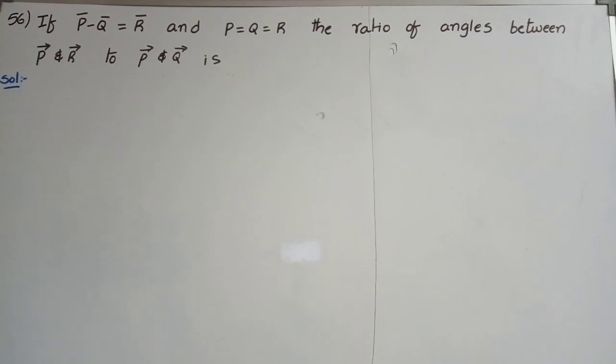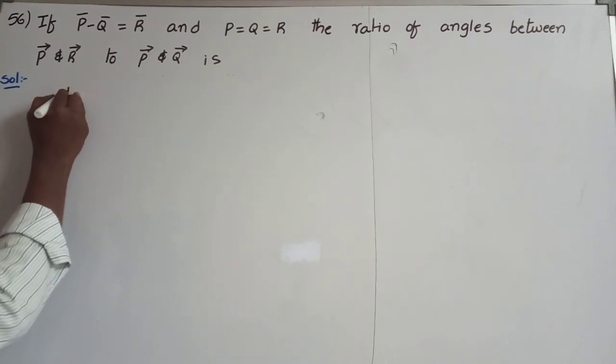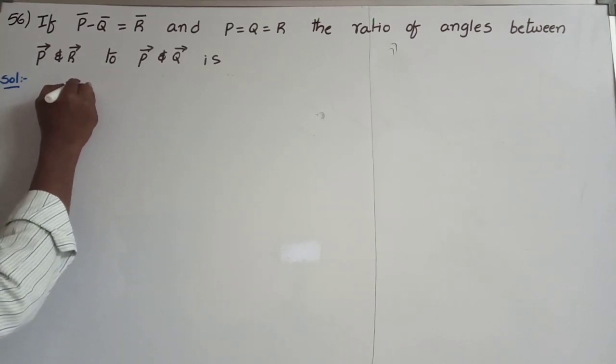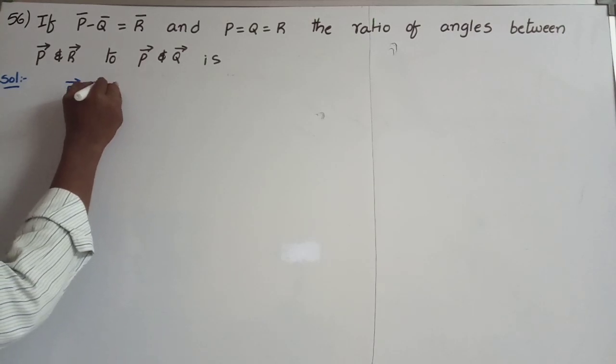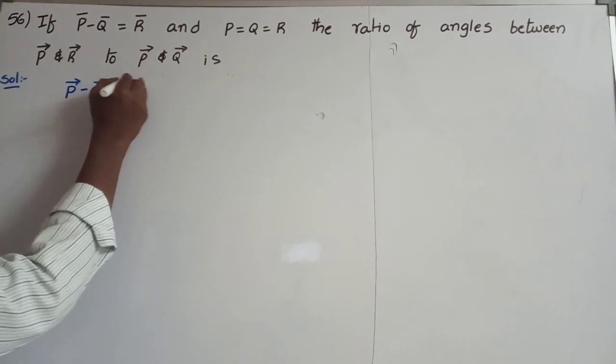Problem number 56. P bar minus Q bar is equal to R bar and P equal to Q equal to R. The ratio of angles between P and R to P and Q is. Here they given P bar minus Q bar is equal to R bar.